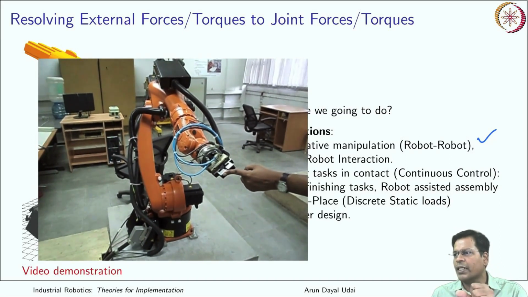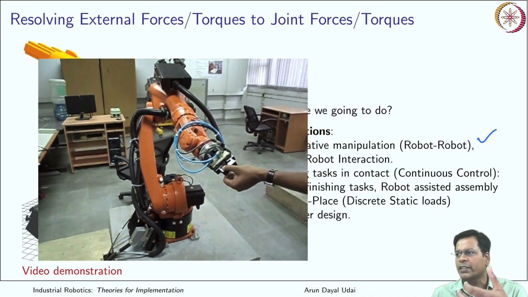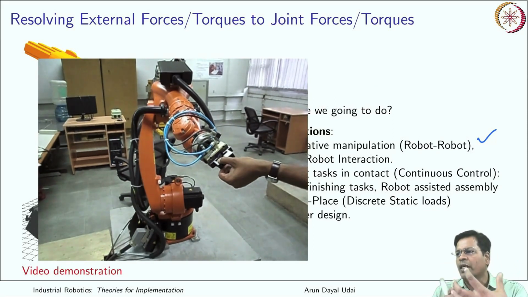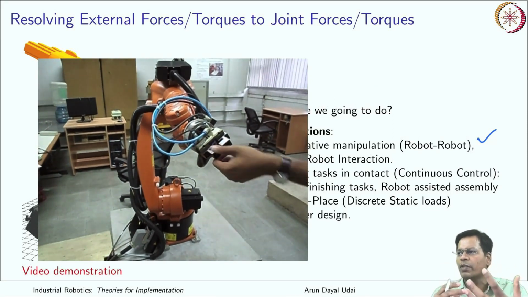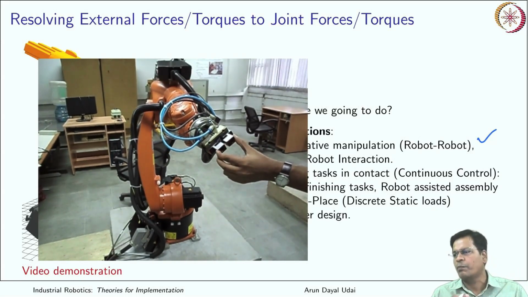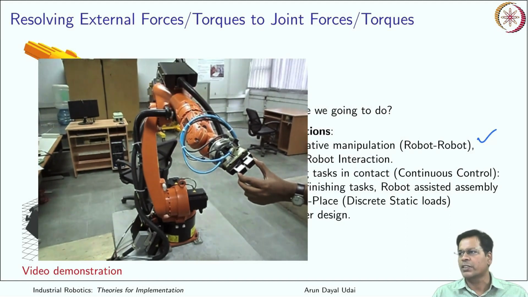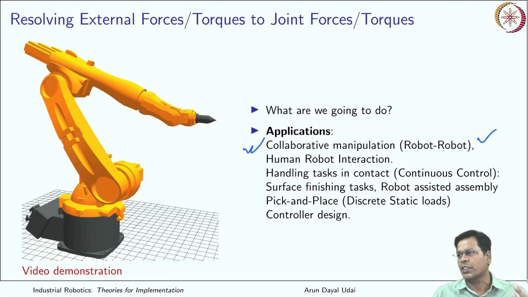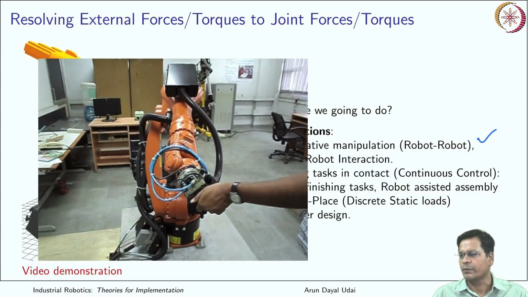I am applying a kind of push and pull, in different force directions. There is a force sensor that is feeling the force, and it is converting those forces to the equivalent amount of joint torques by limiting them, because this is an industrial robot. This doesn't allow you to run the robot in torque mode. So here I am just limiting the force and torque at the joints.